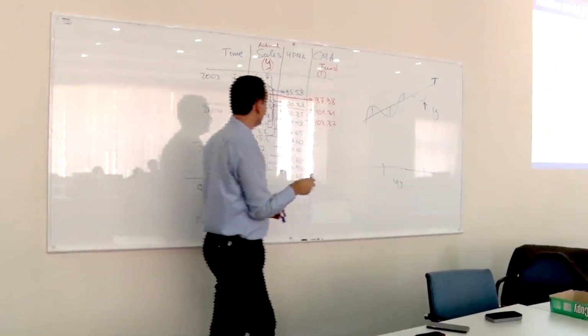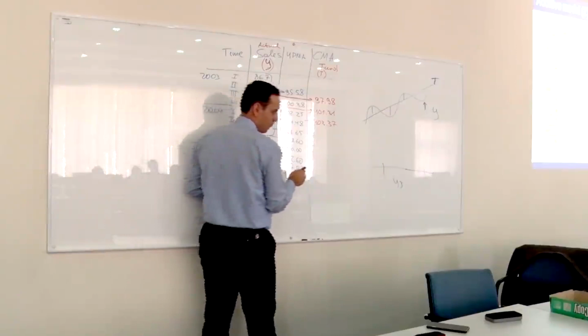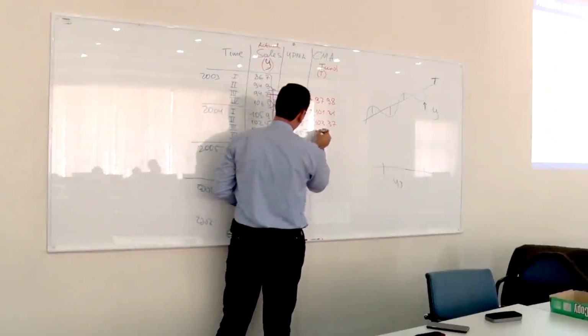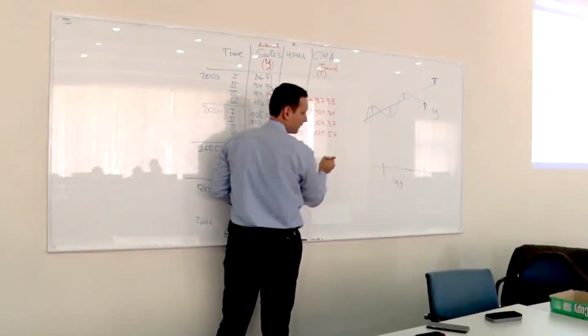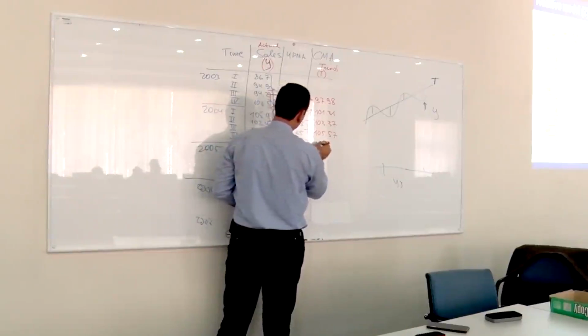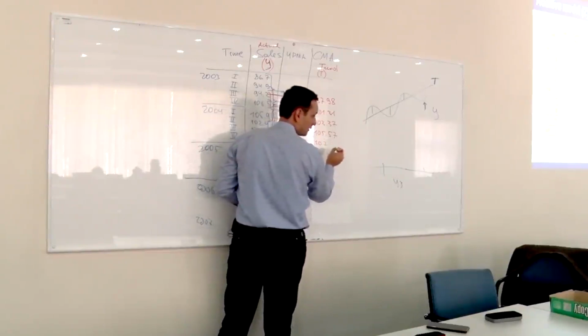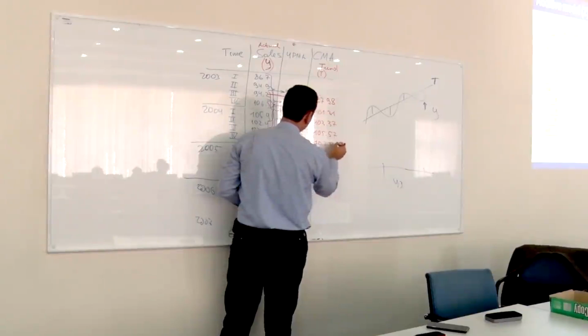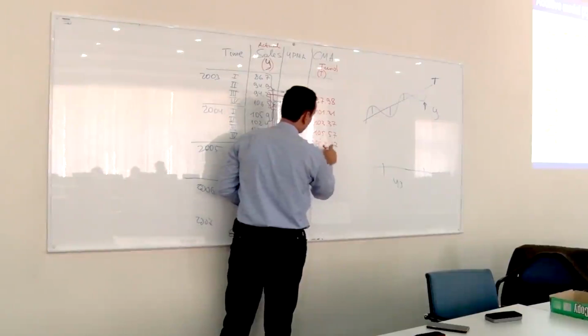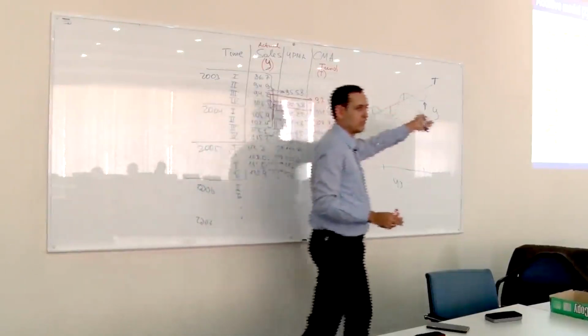And 105.57. 107.63. 107.57. Then you have 107.63, right? Well, anyways, okay. So, I mean, you have the numbers here.